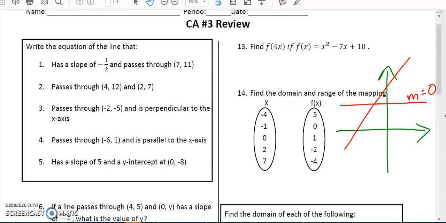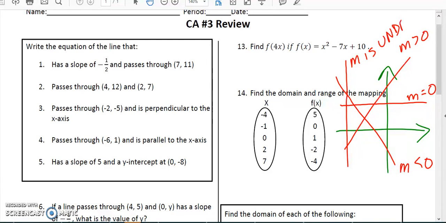That line has a positive slope. That line has a negative slope. And then this line has no slope, or slope is undefined. That'd be a good thing to have in your notes for the test, I think.